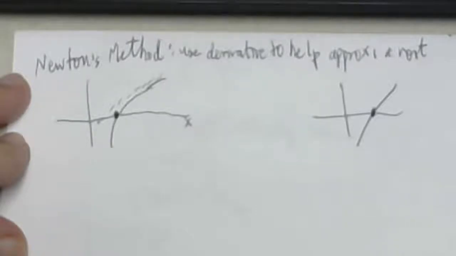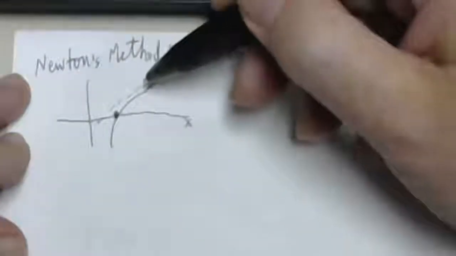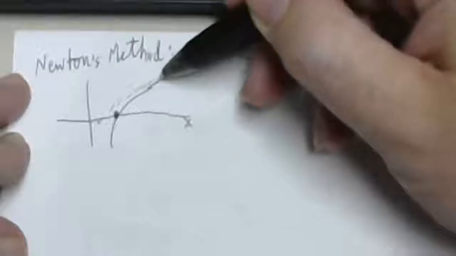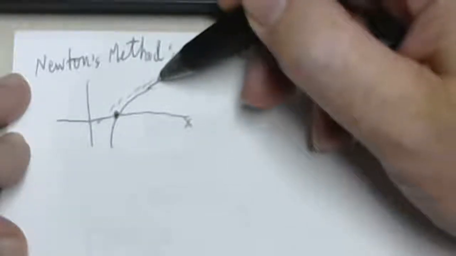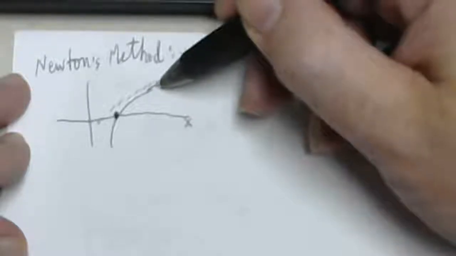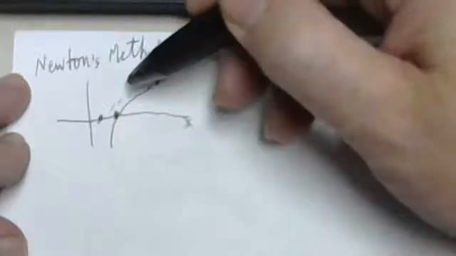We want to find out where we could approximate that thing as a line, and then that'll give us a guess. Instead of going from here to a curve, we say, what if this were straight right here? If we use the derivative, then it's going to be a little bit off.